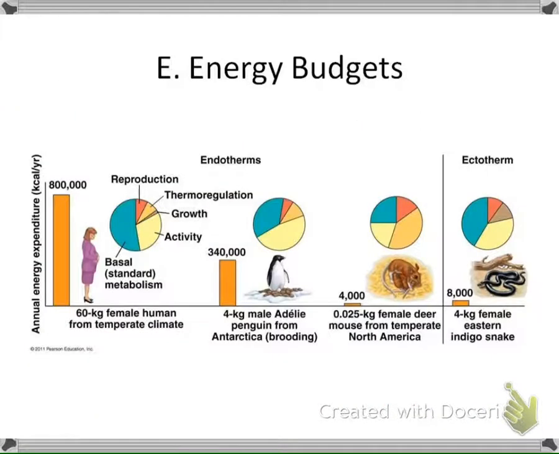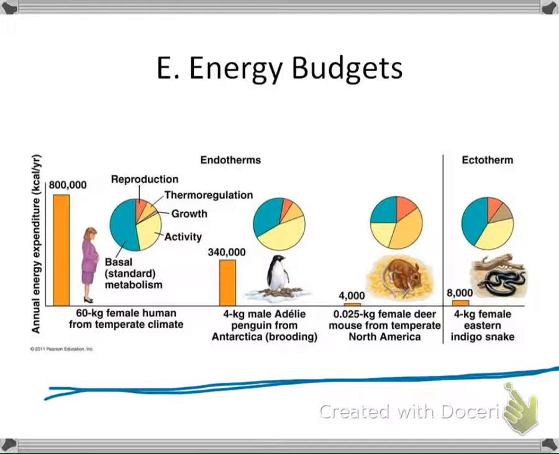Energy budgets. This is a comparison of different endotherms and ectotherms. You have a human female, a male penguin, a female deer mouse, and a female eastern snake. Why is the male thrown in here?